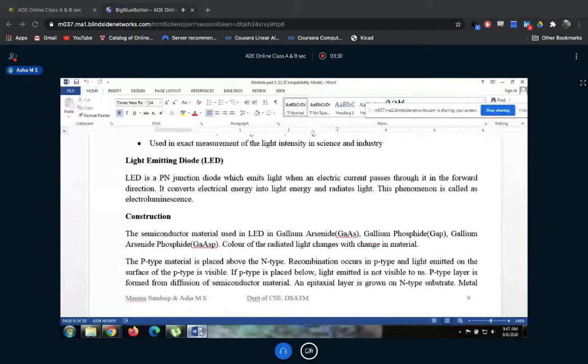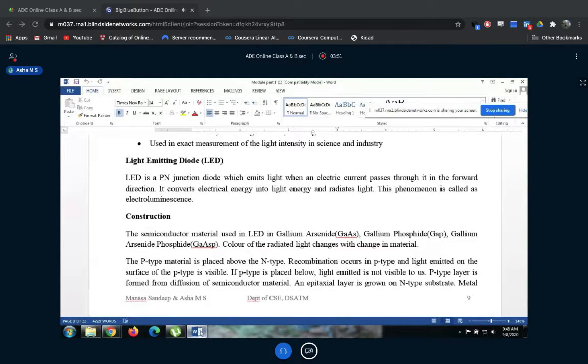So LED stands for light emitting diode. Okay, so it is a PN junction diode which works in forward biased mode. Then what is the difference between a normal PN junction diode that works in forward bias and this LED?